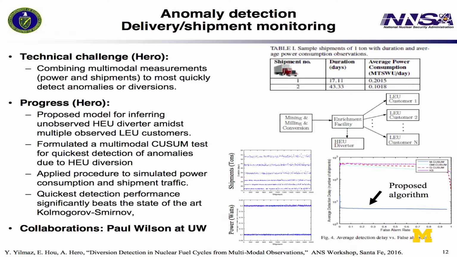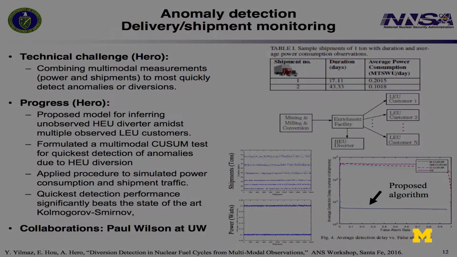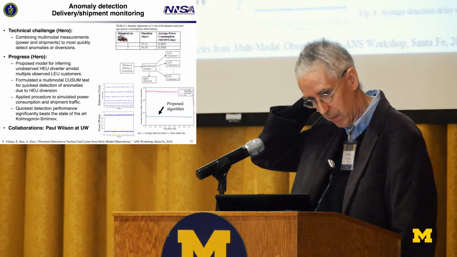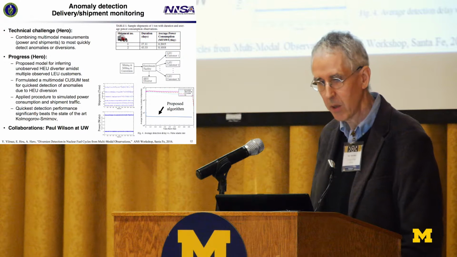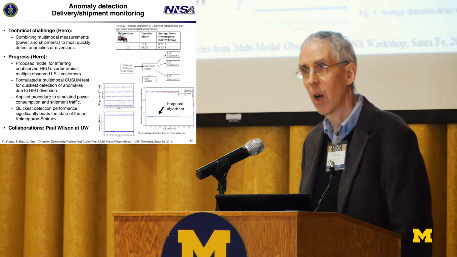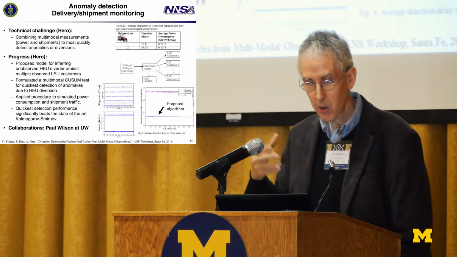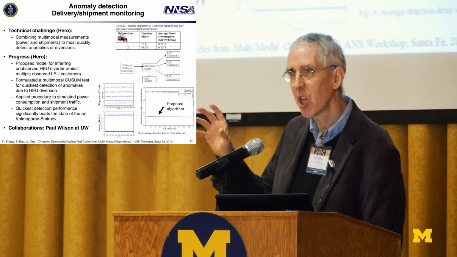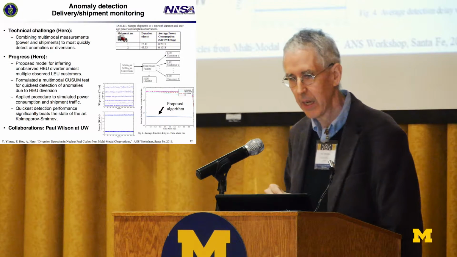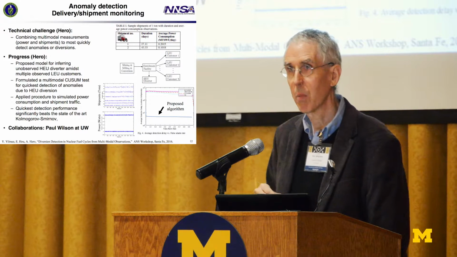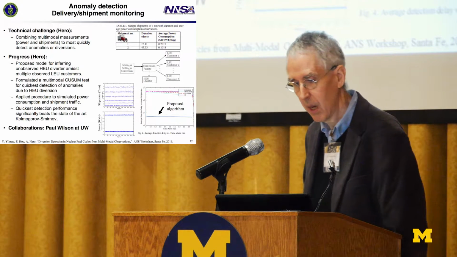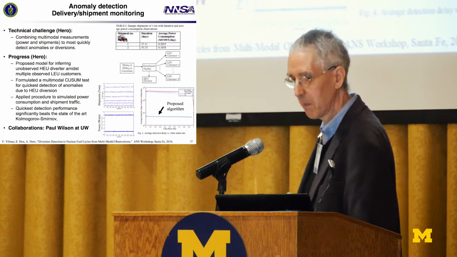So incorporating a penalty for delays in the time to detect an anomaly, and this is work that we have in collaboration with the University of Wisconsin, Paul Wilson, who is also with the CVT, and we're using quickest detection methods to detect HEU changes or diversions based on subtle changes in power consumption or in shipment statistics, Poisson-like shipment statistics, where you're observing shipments to several types of customers.